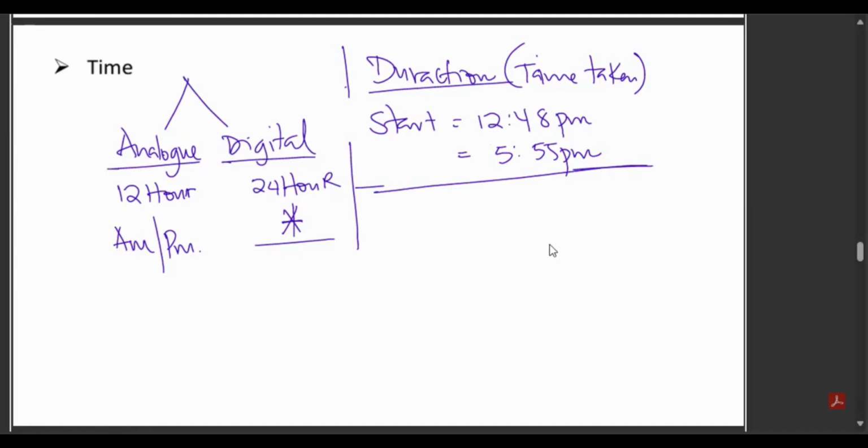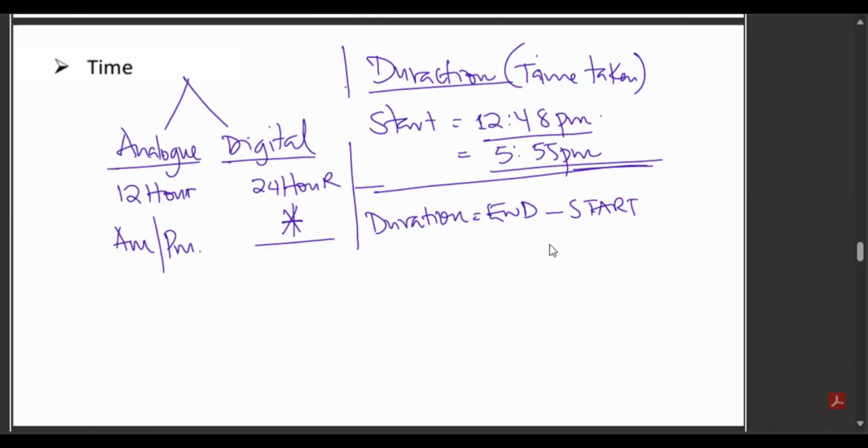First and foremost, duration, how much time you have taken, is equal to the end time, the time when they ended, minus the start time, when they started. Before we do this, everything has to be in the 24-hour system. So what do we do? This one remains 12, because it doesn't change; it starts changing at 1.